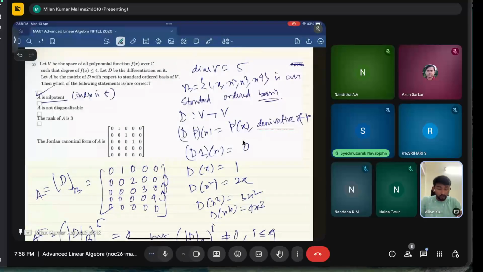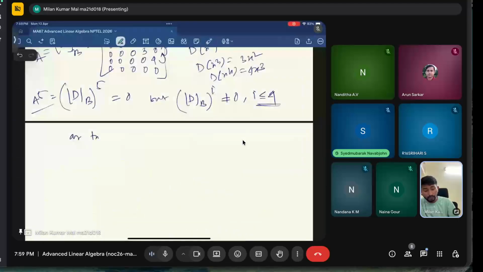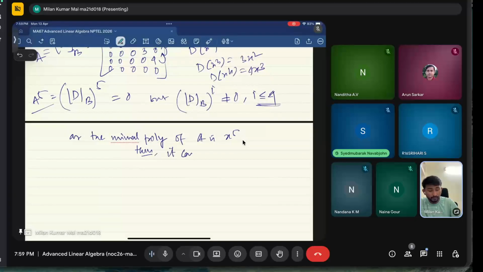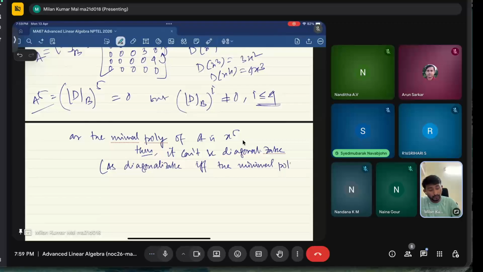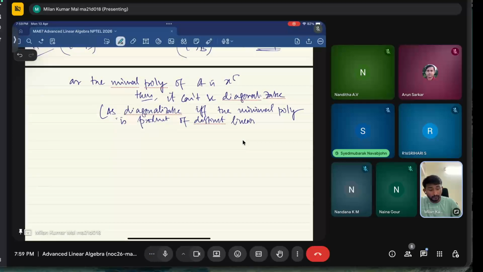A is not diagonalizable. As the minimal polynomial of A is x to the power 5, it can't be diagonalizable, because recall the fact: a matrix is diagonalizable if and only if its minimal polynomial is a product of distinct linear factors.